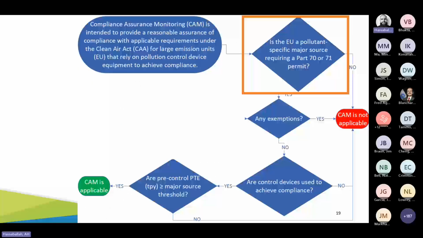Now that we have an overarching view of what CAM is, we can move on to the next step of our adventure, and that is the next stage, which basically asks: is the emission unit a pollutant-specific major source requiring a Part 70 or a Part 71 permit?